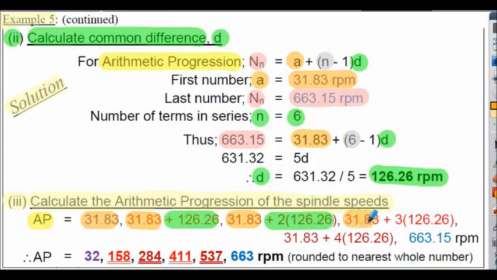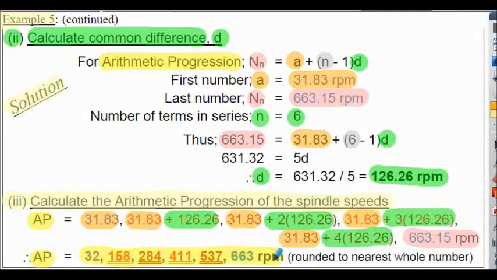Our fourth term, a plus 3 times d. Fifth term, shown here. And of course our sixth term we calculated on the previous line. What has happened on the last line is I've stated the AP in terms of integers, so I've just rounded the previous line to show the 6 spindle speeds calculated as an arithmetic progression.